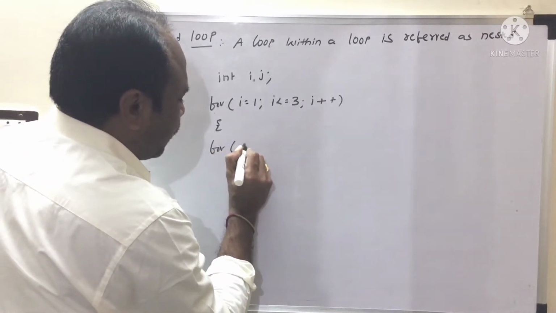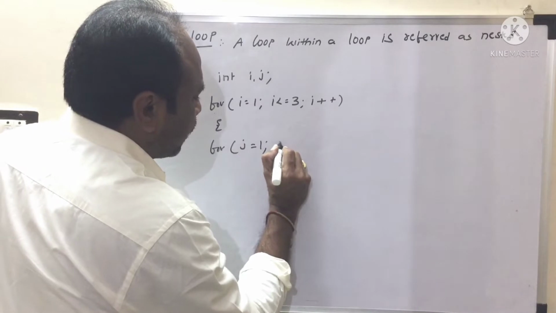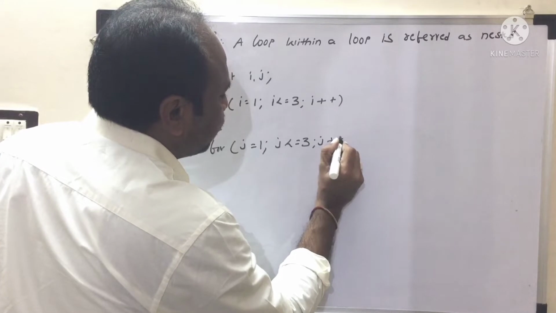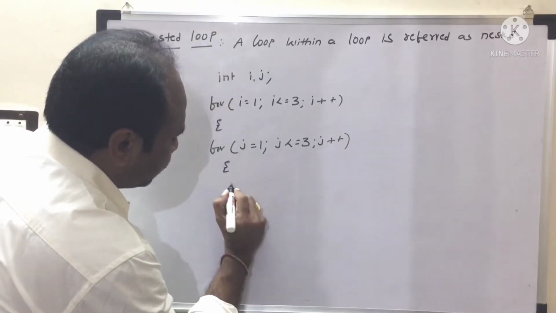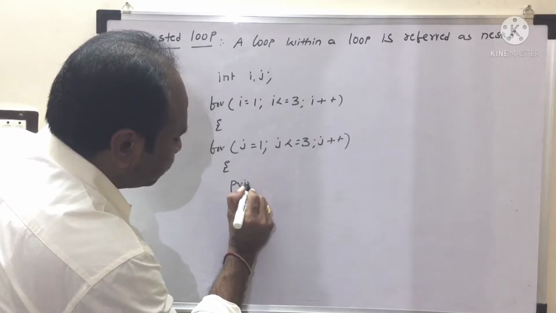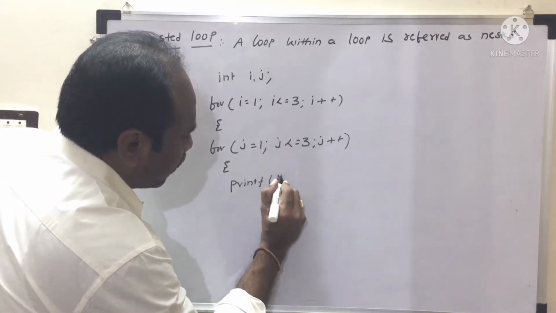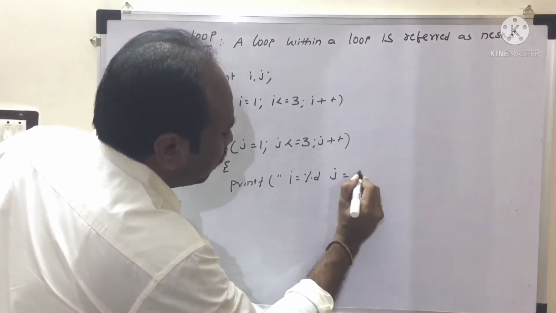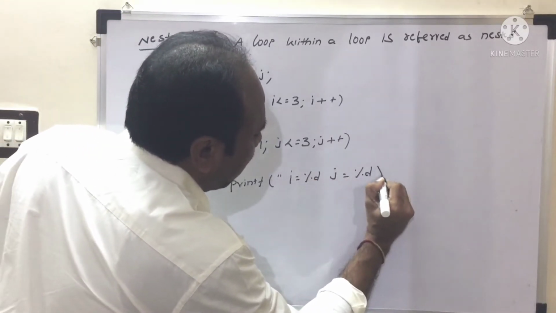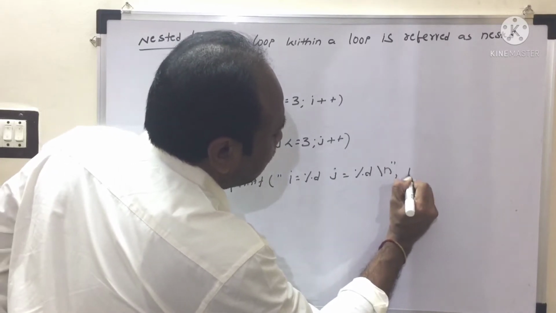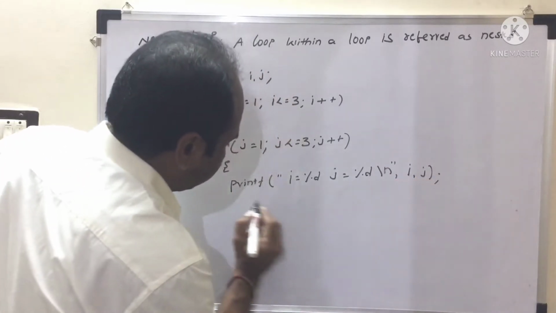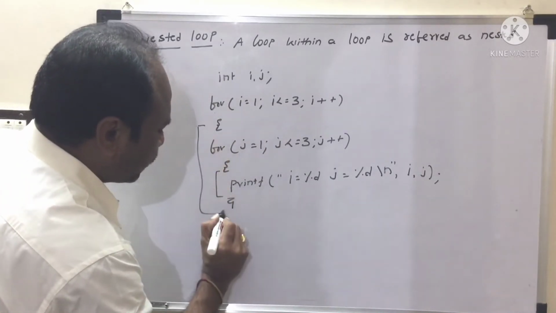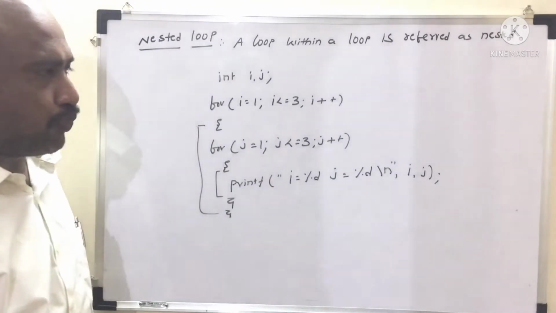For j equal to 1, j less than or equal to 3, j plus plus. printf "i = %d, j = %d\n", i, j. Inner for loop closes, outer for loop closes. What is the output of this program?